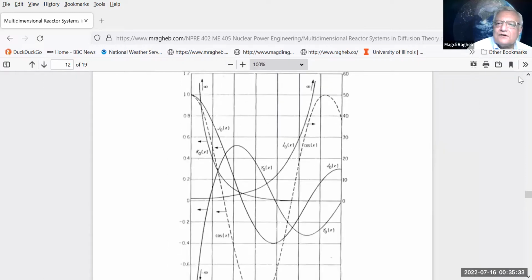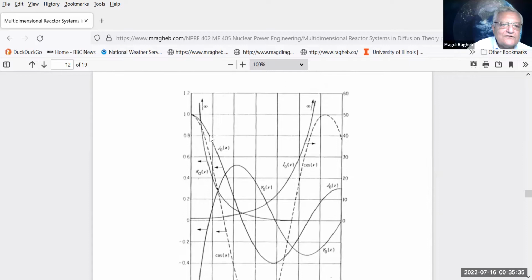The Bessel function of the first kind, J of order 0, is shown here. This is the x-axis. You notice that it starts at 1 and looks very much like the cosine. It comes down, crosses the x-axis, and then reflects back again in a decreasing magnitude cosine. It does not reach all the way to -1; it's a lower magnitude, and then starts fluctuating around this line.